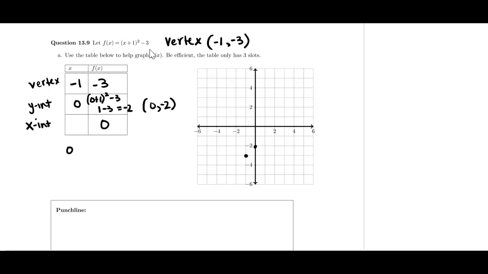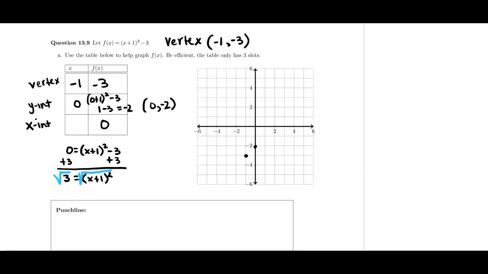So we'll have 0 equals x plus 1 all squared minus 3. We've got to get this 3 over to the other side. Remember, we're trying to square root that, but we can't square root that part until the squared part is by itself. Different color here to show.